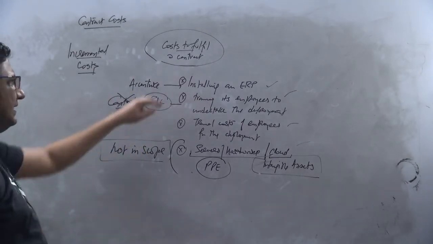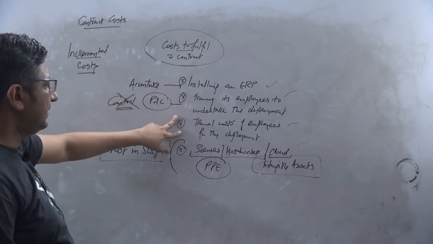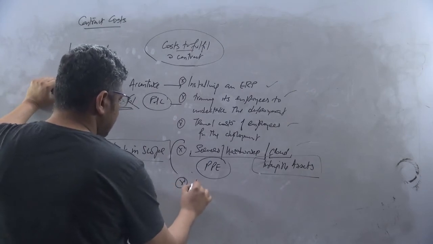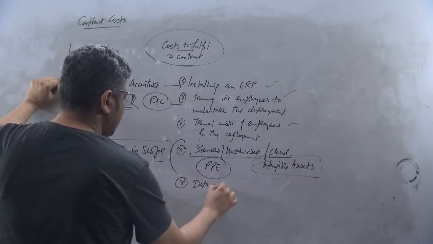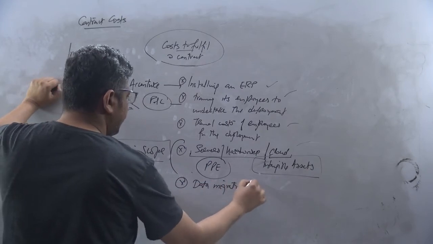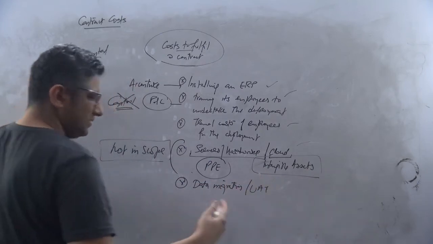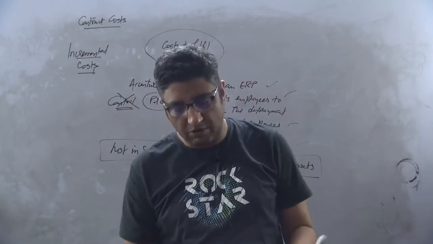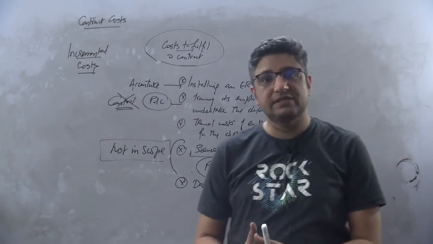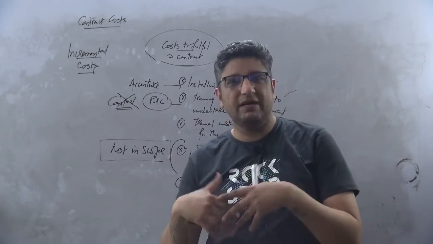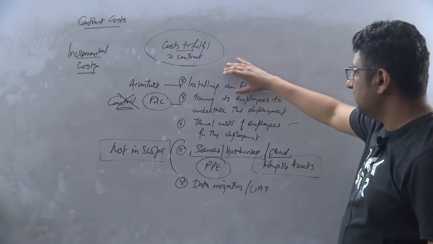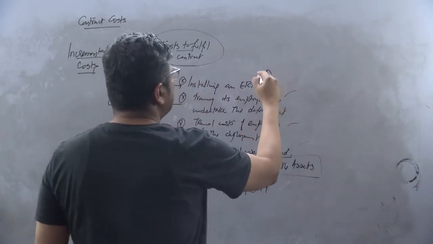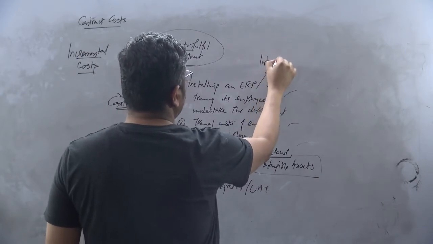Now we look at the installation of an ERP and the travel cost. Let's add another cost, for example, where there is data migration and a UAT, that is normally a user acceptance test, which is very commonly conducted for any new system coming in place. So you look at these types of costs. For the installation of an ERP, we again need to assess whether this would meet the criteria of an intangible asset.